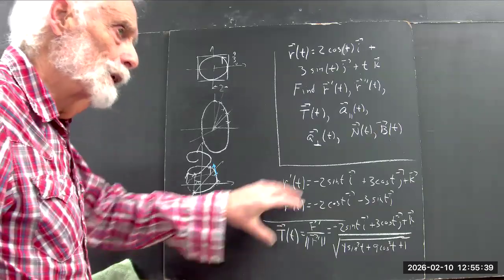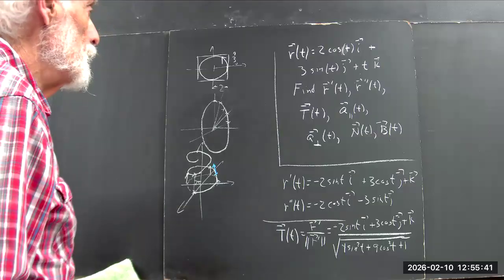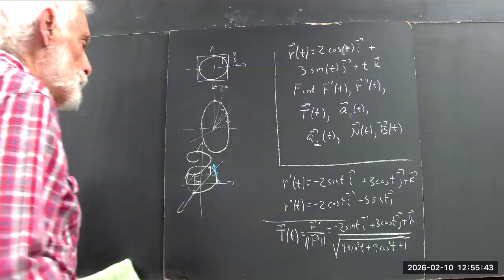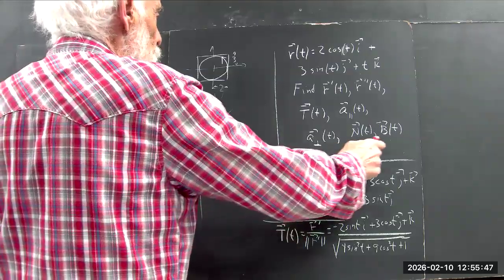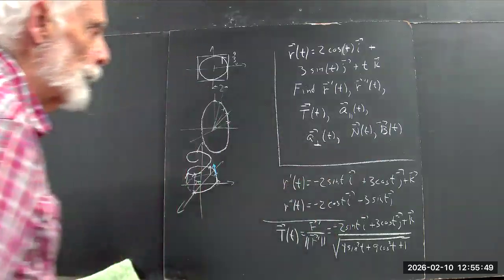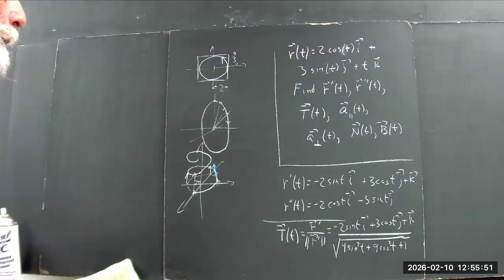There's a lot more I could say about the relative velocities and stuff. But now, what about this a parallel and a perpendicular, normal and binormal? Not sure you see it in section 2. I didn't look closely enough, and I should have.